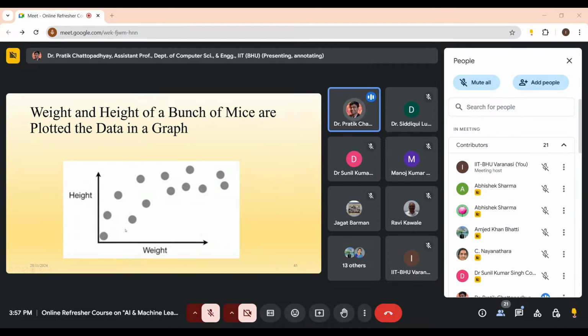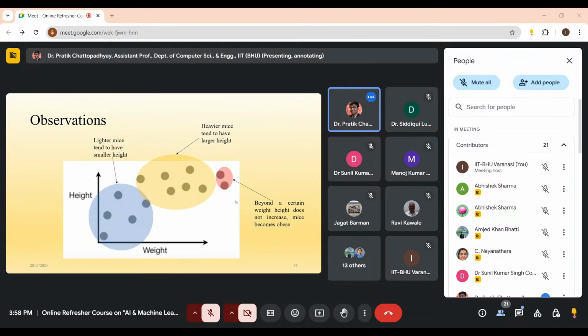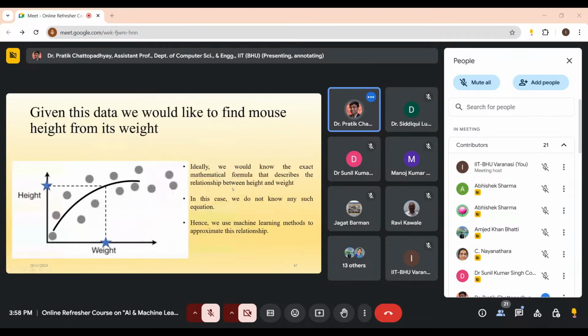We have plotted weight and height of a set of mice in this graph, and we want to see how the height of mice is related to weight. Clearly, visually we can see the relationship is not linear, rather there is a non-linear dependency of height with respect to weight. So this is the ideal relation that we can visualize.